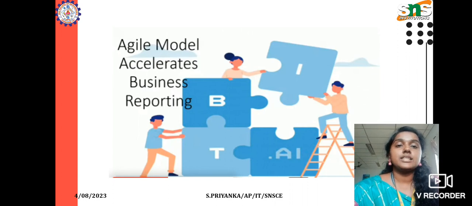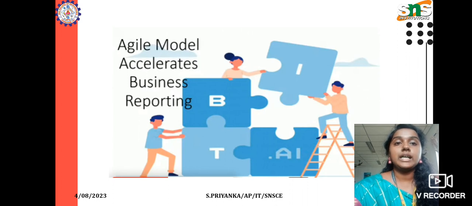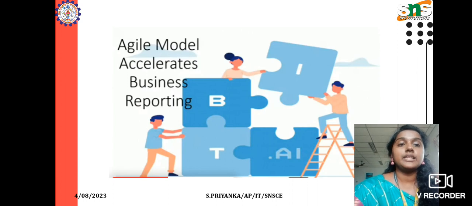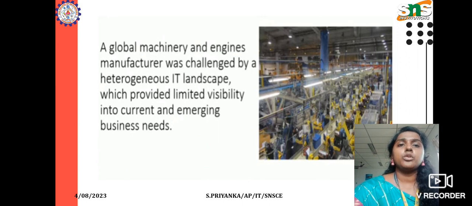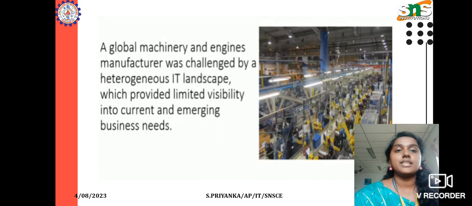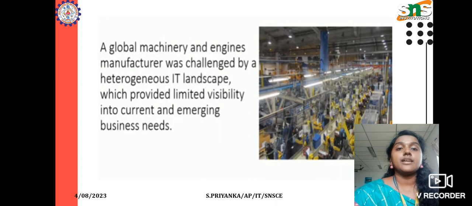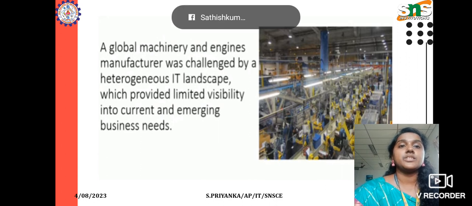Now let us see how the agile model accelerates business reporting. Generally, a global machinery and engineers manufacturer was challenged by a heterogeneous IT landscape, which provided limited visibility into current and emerging business needs.